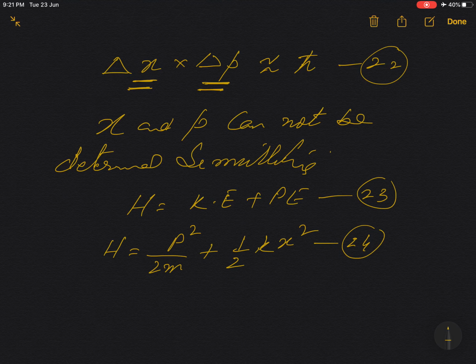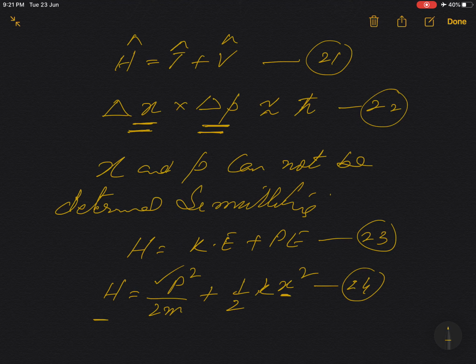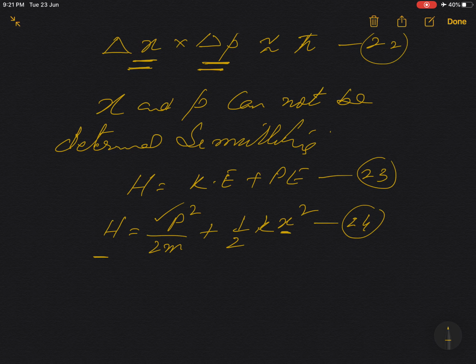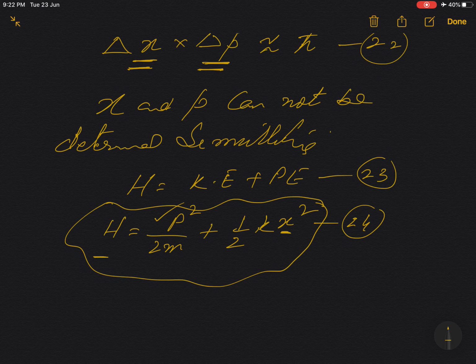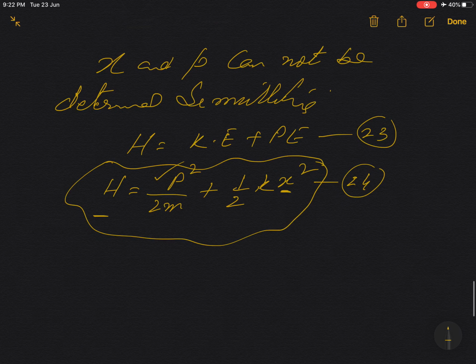It is very clear that for a harmonic oscillator, the total energy is the summation of kinetic energy plus potential energy, which is exactly determined by the position and momentum of the particle. But according to the Heisenberg principle, which is valid for subatomic particles, position and momentum cannot be determined simultaneously. That means this formula is no more valid for a subatomic particle.